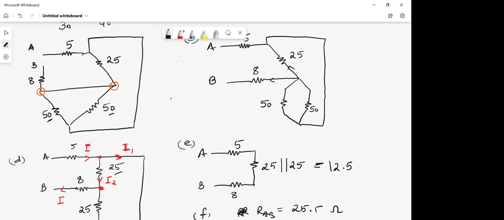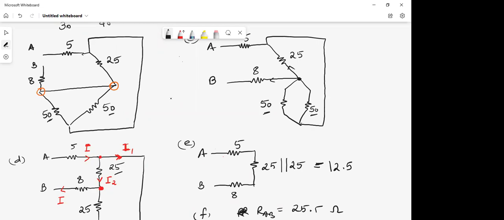Sir, can you please explain why 25 is not parallel with 50 and 50? Look here, this 50 and this 50, their endpoints are together.